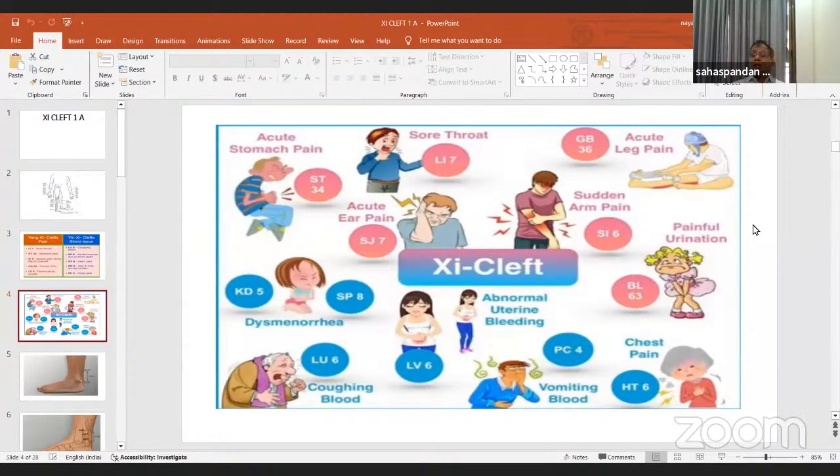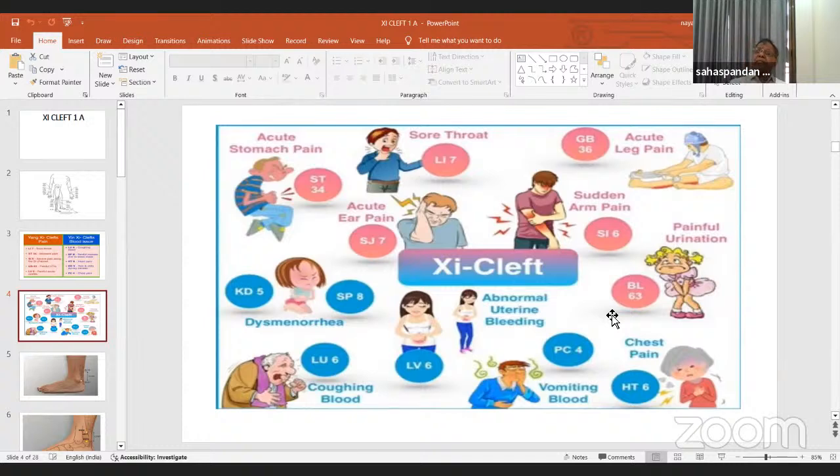For example, lung 6 is frequently used for the acute attack of asthma. And ST34, stomach 34 can be used for acute epigastric pain.